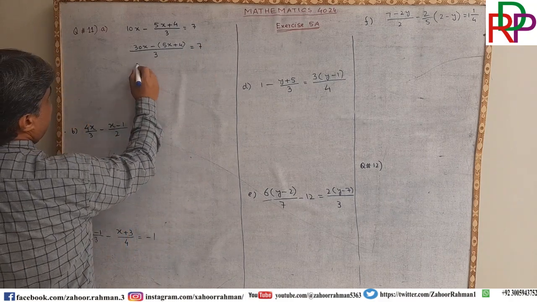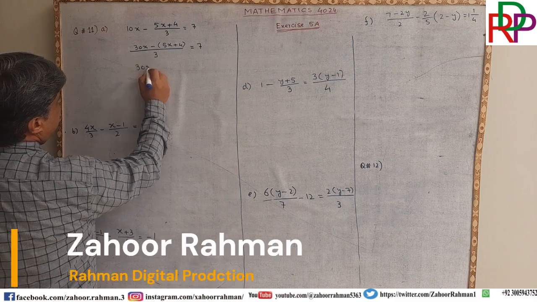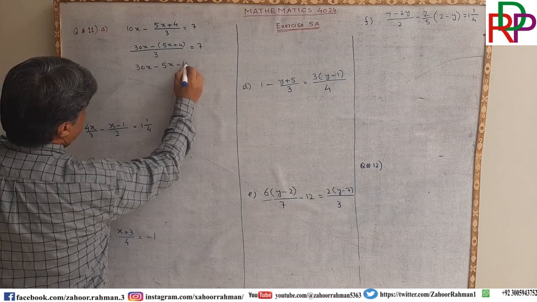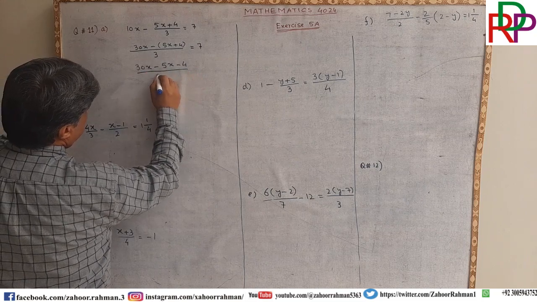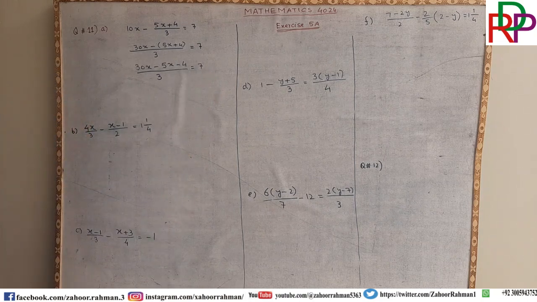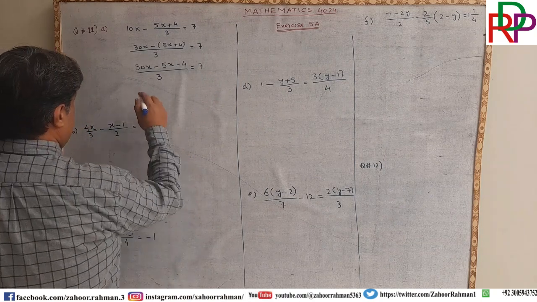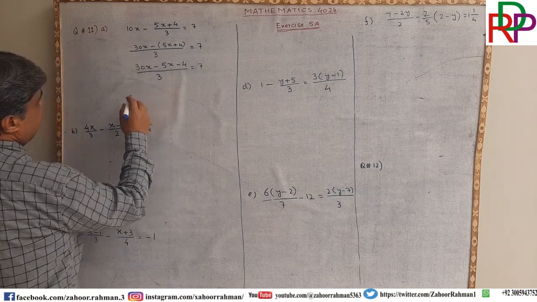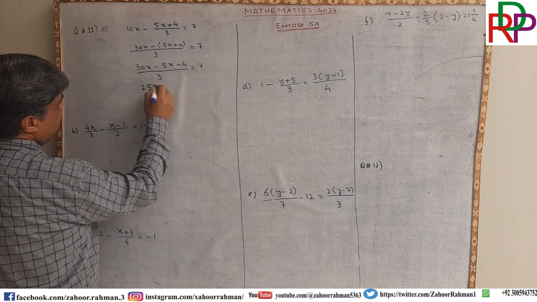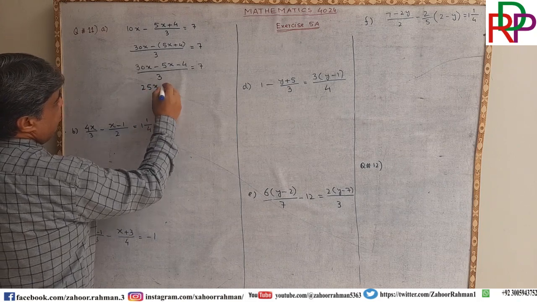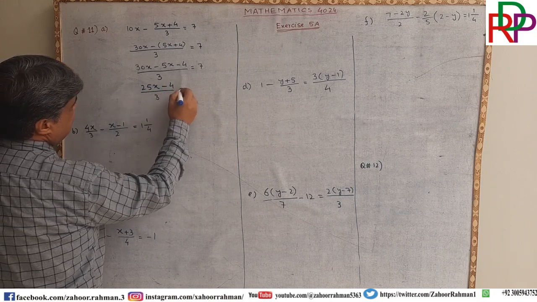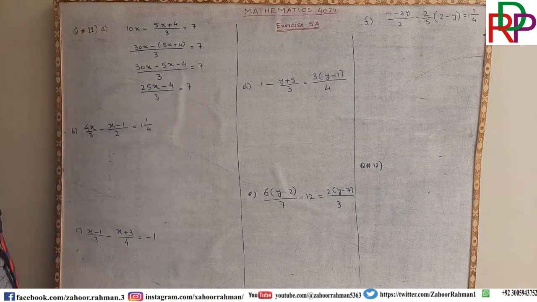First of all, we have to simplify it. Remove the bracket. Minus 5x minus 4 whole divide by 3, and that will be equal to this. Okay, when we subtract this 5 from 30x, it will give you 25x, and then I will write minus 4, and this is 3 divided by 7.